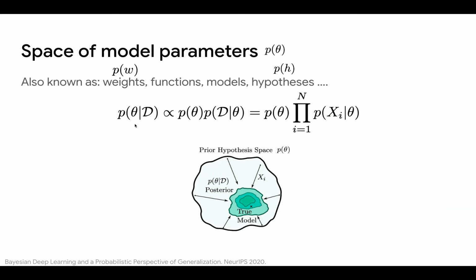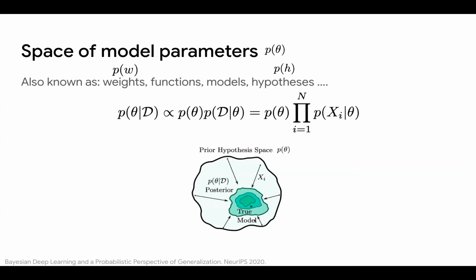And you're narrowing down the likelihood of your function from a prior, which is supposed to be wide. And then as you observe more and more data, you're narrowing it down to the posterior. And hopefully your posterior is containing the true model with high probability.